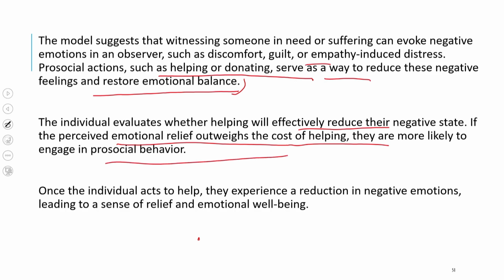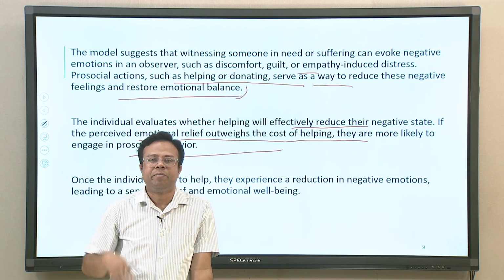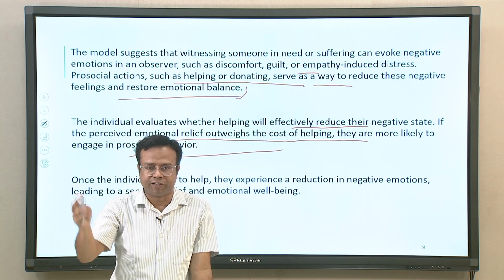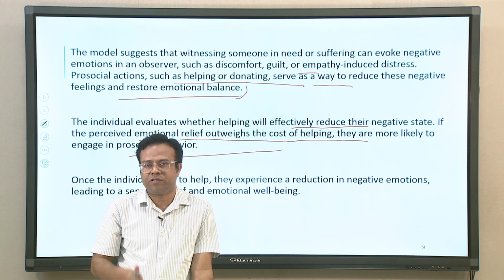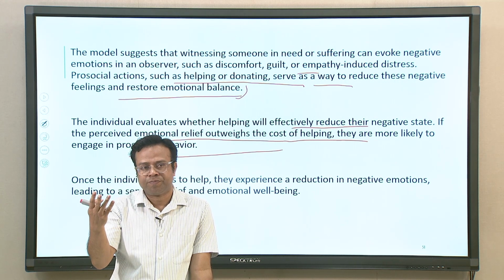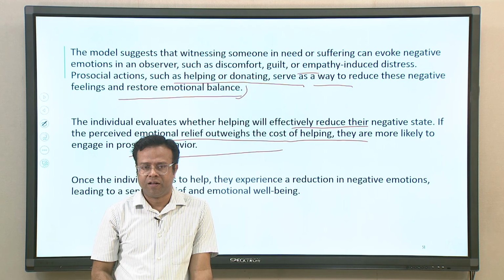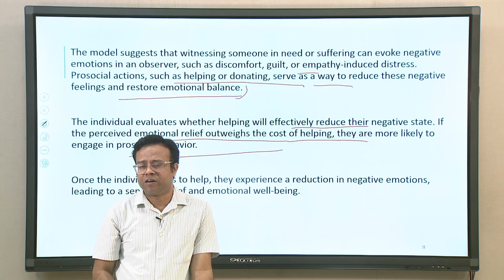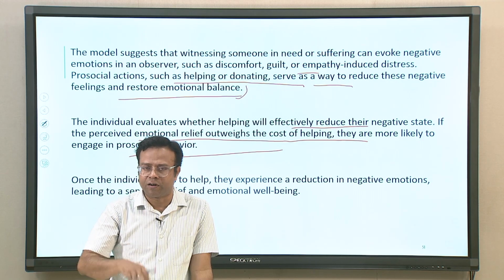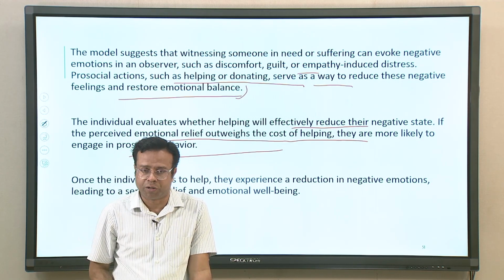So, this model says not everybody under negative emotion will engage in prosocial behavior. People generally evaluate the cost involved. If they feel that the cost is less than the reward, then probably they will engage in prosocial behavior. If they think the cost is too much and it may not reduce their negative emotion, they may not engage in prosocial behavior.